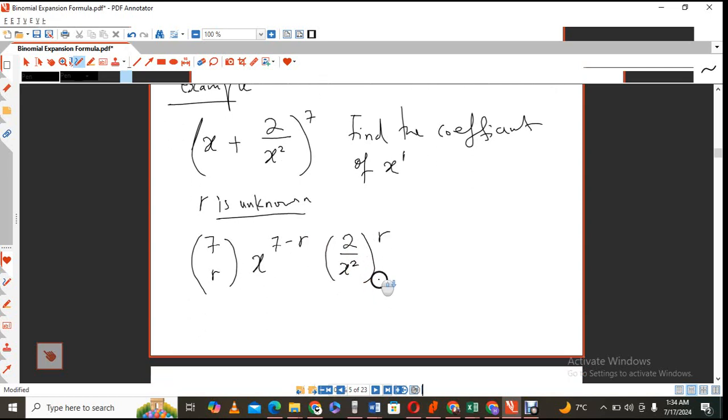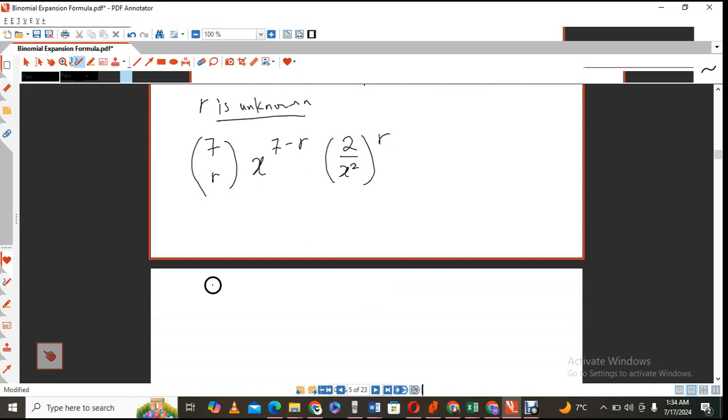Now, let me just clean this up a little bit. The 7 choose r, from the work that you have seen me do, that's just a constant, okay? There's nothing there that I want to do or use it for. Let me take this one here. That is 2 raised to the power of r. And then I have x raised to the power of 7 minus r.